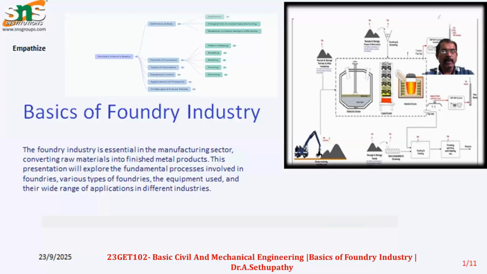So what is foundry and how is the foundry process carried out in industries? The schematic diagram shows a foundry process, where we start and how we get a part. In the foundry process, we have different types of processes like green sand molding, dry sand molding, shell molding, investment casting, and die casting.